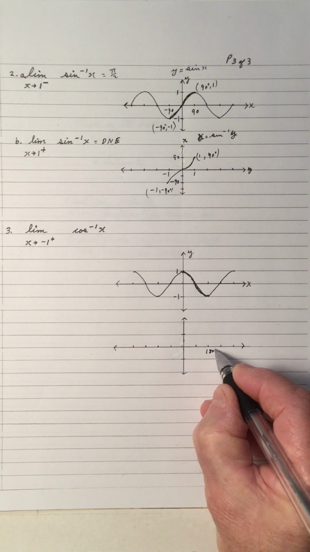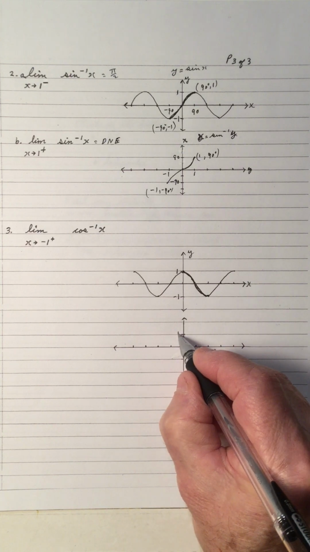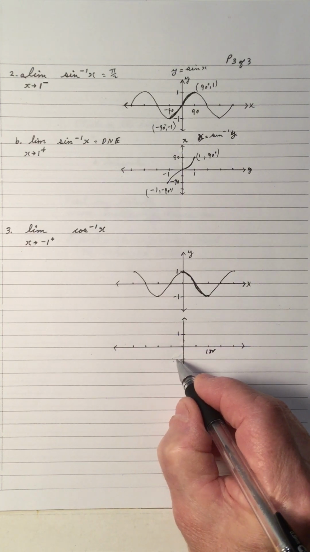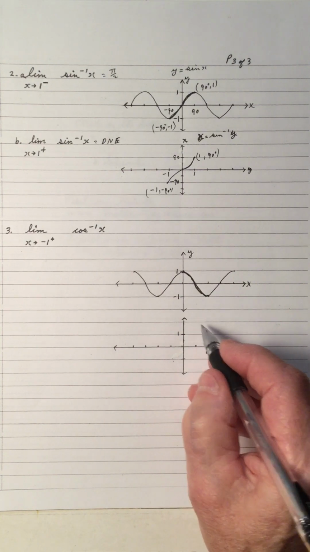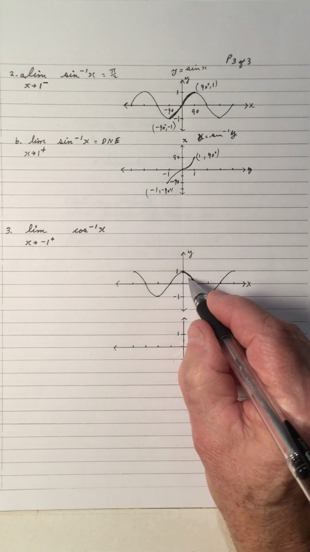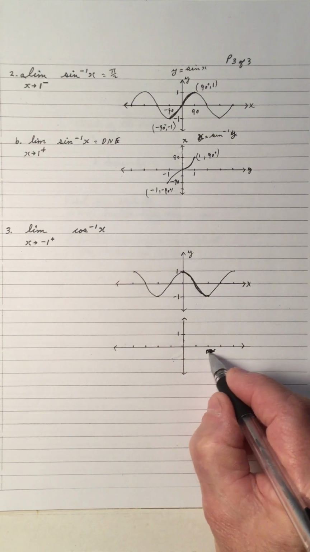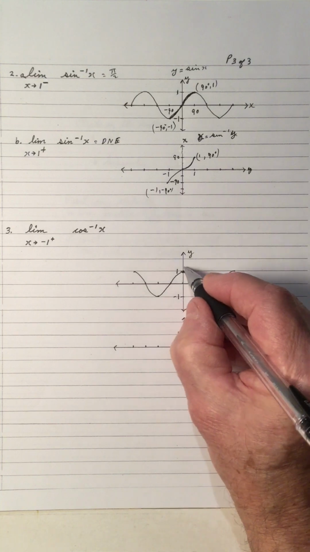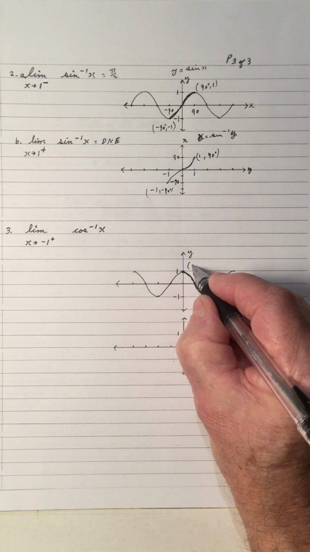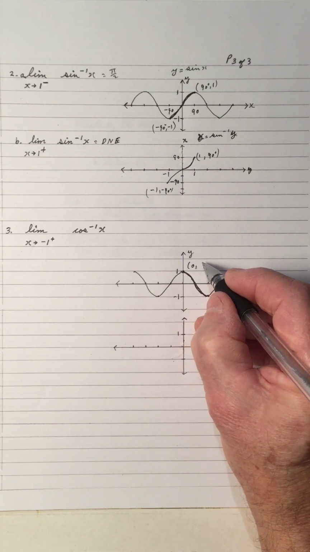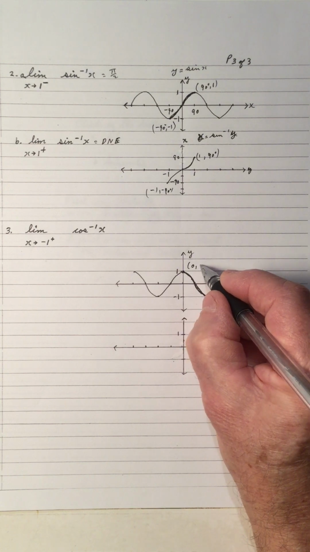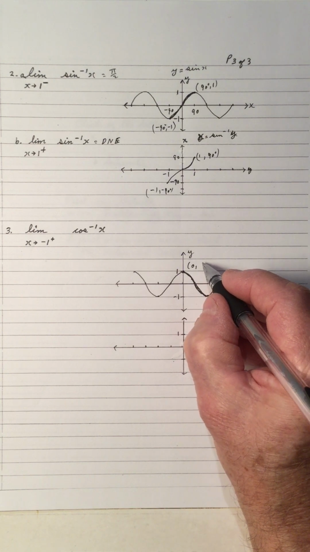So the restriction is from 0 to 180, and it goes from 1 to -1. Oh, I got to be careful.